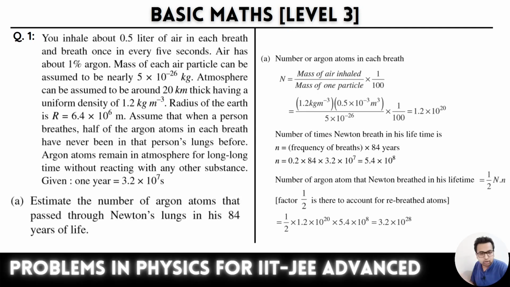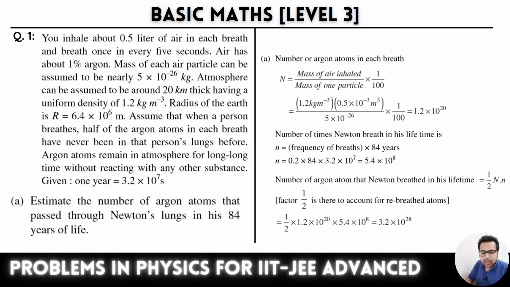It is not the new argon atom. So this is also clear, I hope. It is given in the scenario. So we have to multiply the total number of argon atoms inhaled by Newton by 1 by 2. That will be the total number of new argon atoms inhaled. So 1 by 2 into 1.2 into 10 to the power of 20 is the number of new argon particles inhaled by Newton in every breath.